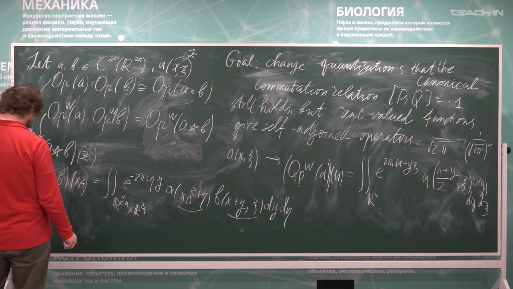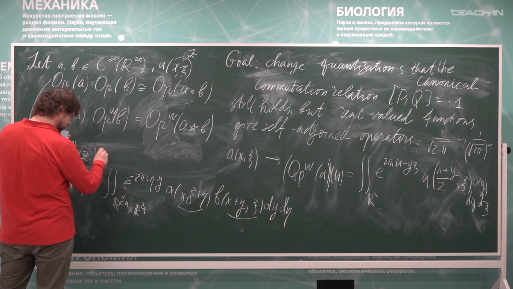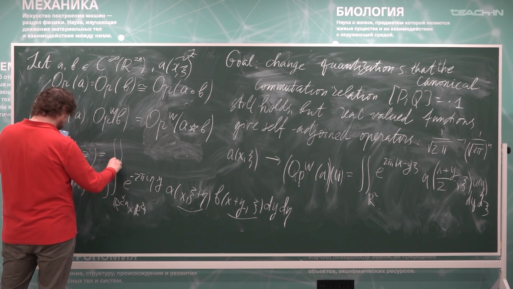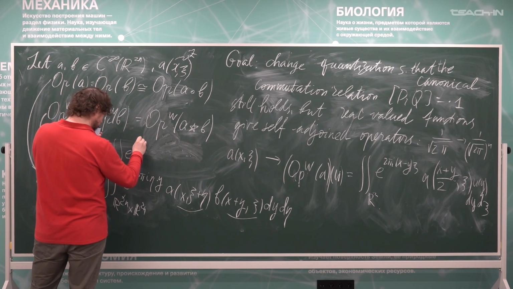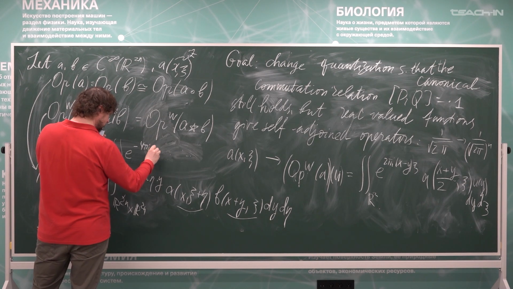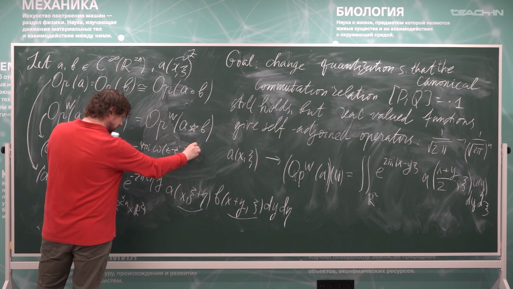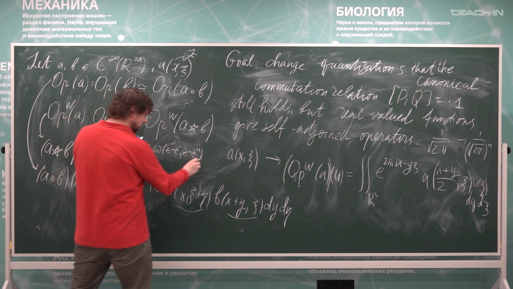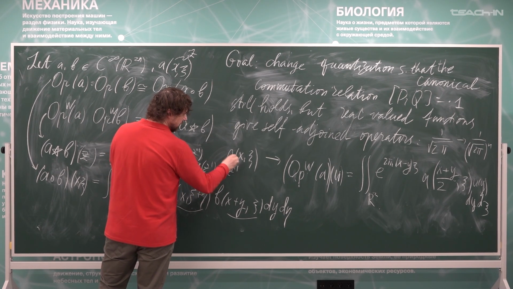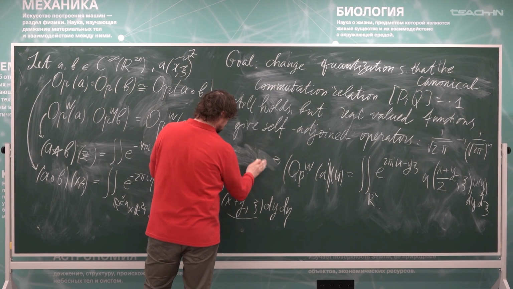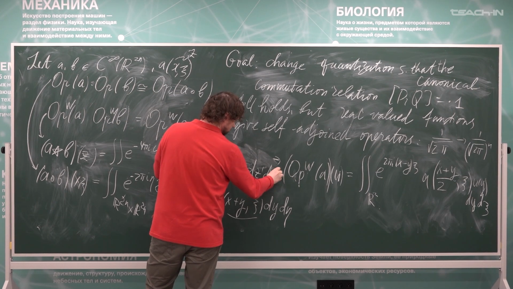But in case of Weyl quantization, the situation is much more symmetric, and we can write down the same integral formula as follows: minus 4 pi i omega of z minus z prime, z minus z double prime, a of z prime, b of z double prime, dz prime dz double prime.